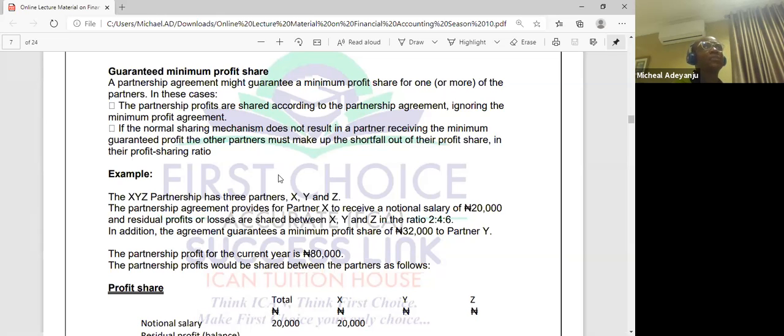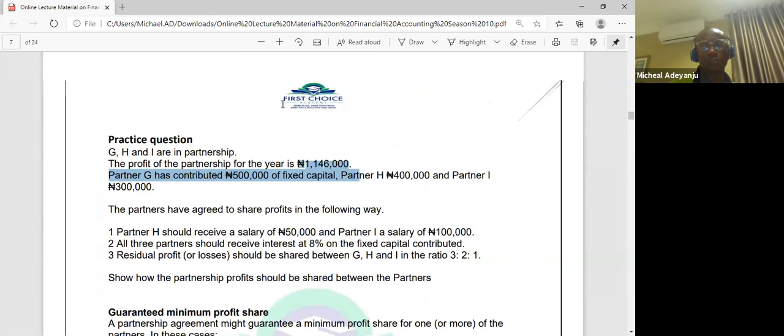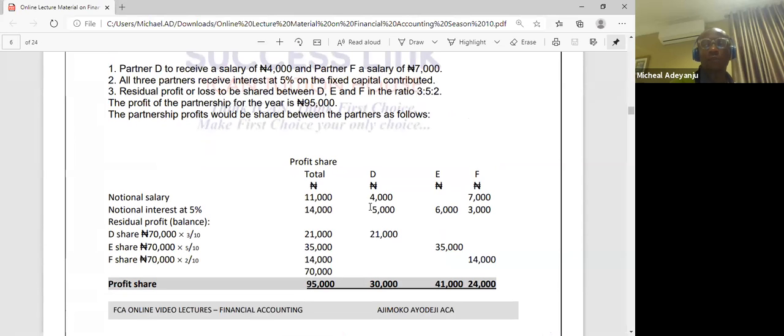Now, what they are literally telling us is this. Let's come back to the first illustration. They can tell us that the minimum amount that D should collect should not be less than 35,000. In this case, D is collecting 30,000.